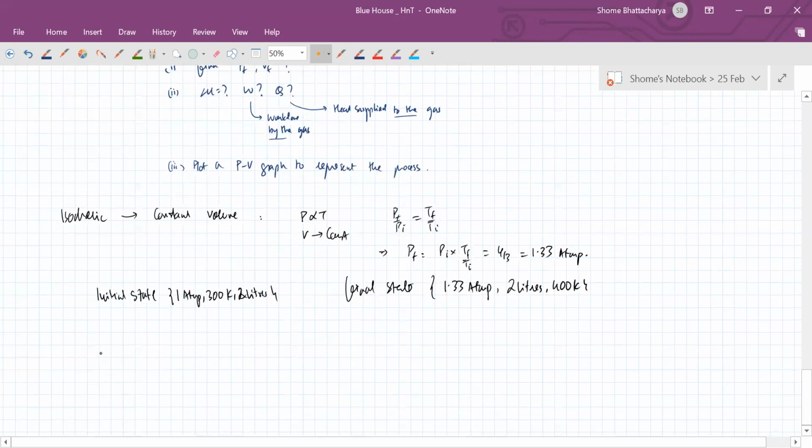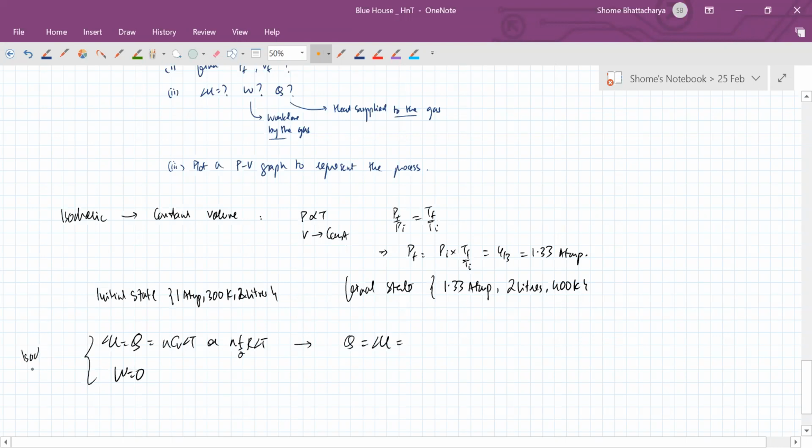Okay. Now delta U will be equal to Q, will be equal to n C_V delta T or n f by 2 R delta T. So Q is equal to delta U and work done will be 0. Okay.